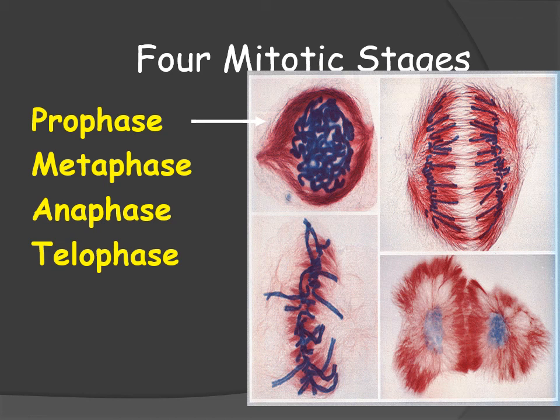You just see these fibers present in the cell. Metaphase is this bottom left. That's where chromosomes attach to kinetochores. These fibers, they move them to the center of the cell. Now the chromosomes are lined up at the equator. Metaphase in the middle. Okay?